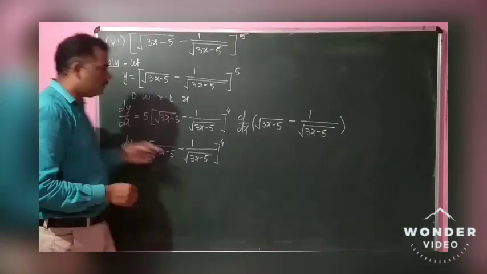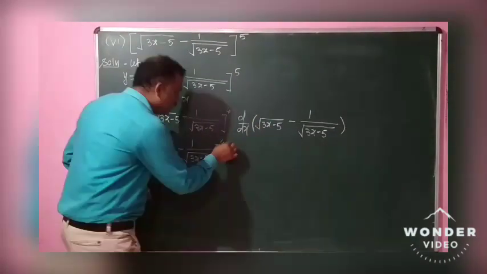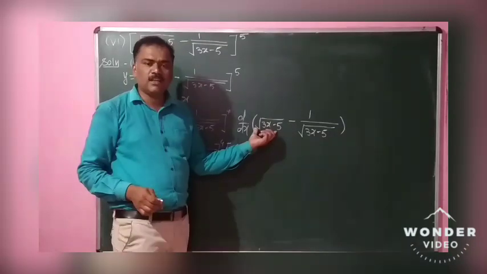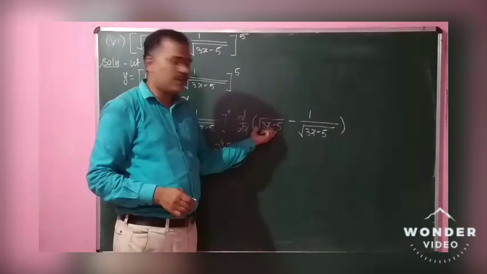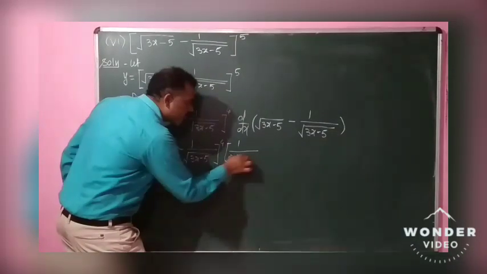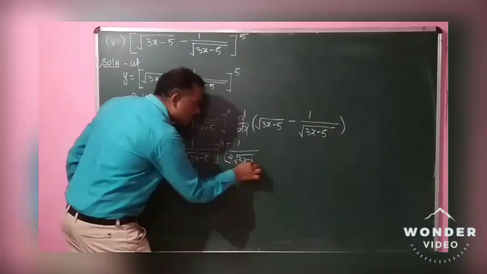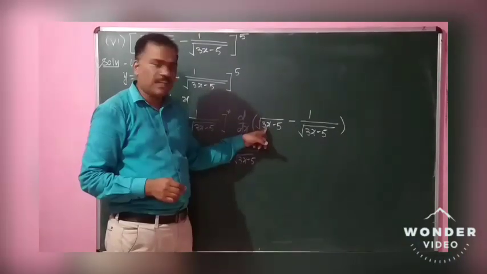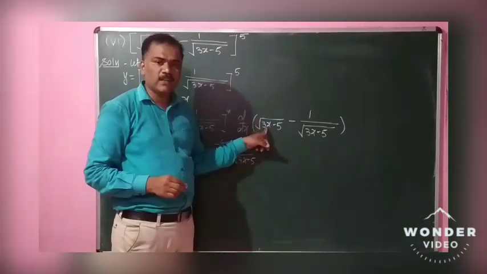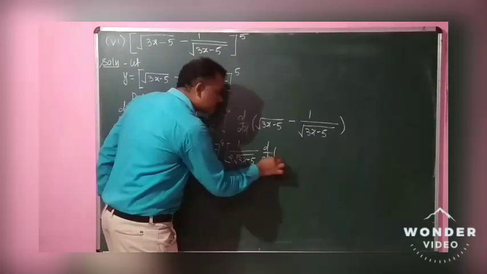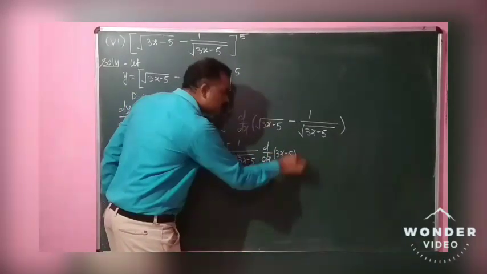Now we have to take the derivative of the first term, root of 3x minus 5. We know the derivative of root x is 1 upon 2 root x, so 1 upon 2 times root of 3x minus 5, into the derivative of the inside, d by dx of 3x minus 5.